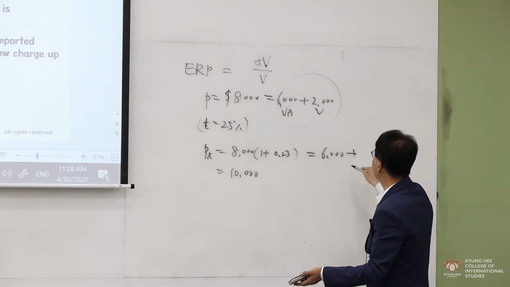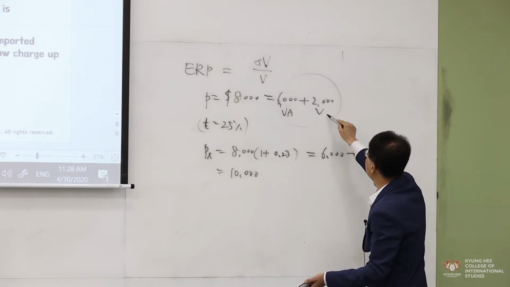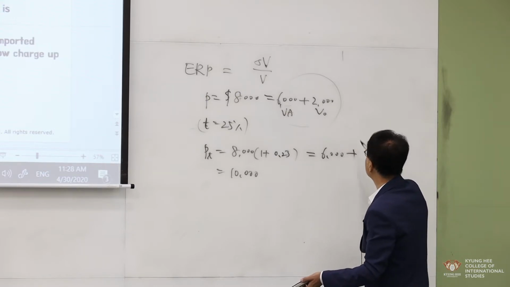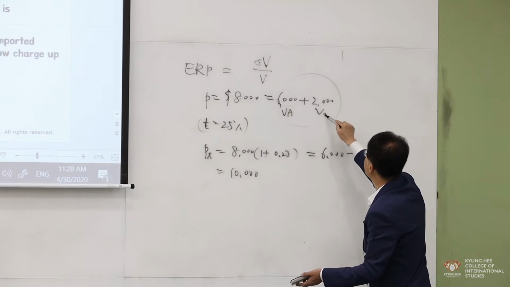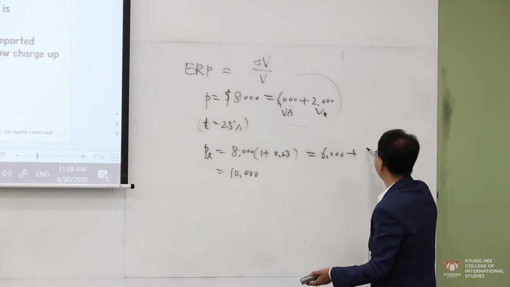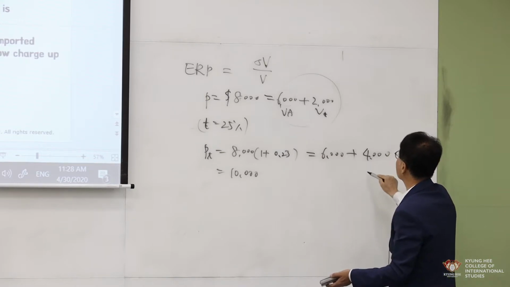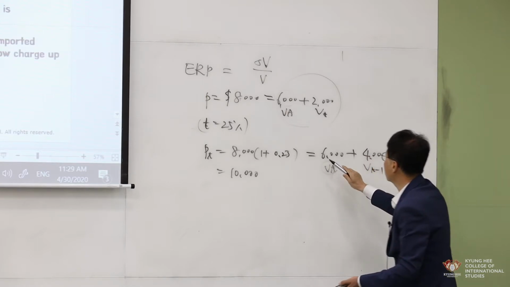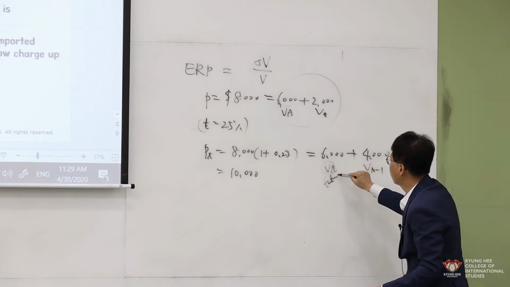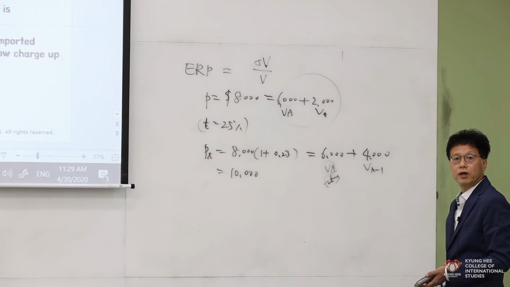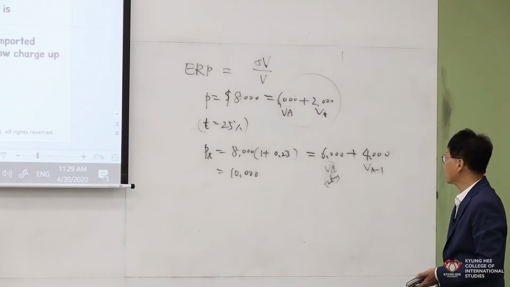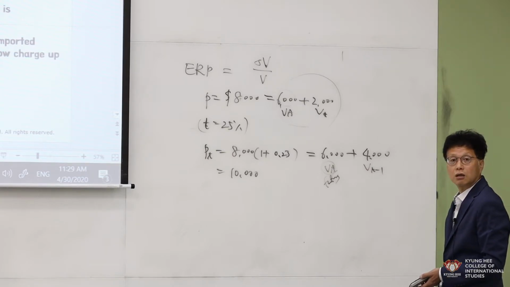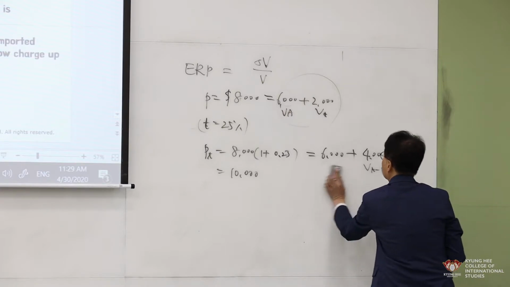Then the remaining value, VT minus 1, is $4,000, and the value of factors is $6,000, right? So can you understand?